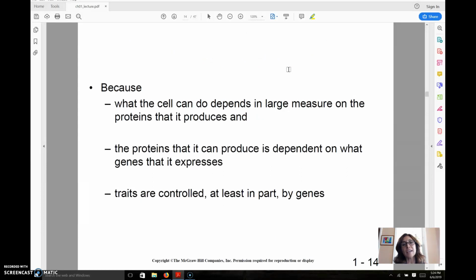So what a cell does depends on the proteins that it makes and what those proteins do. So as long as you have proteins being made by genes, and those genes are being expressed, the cell will do whatever those proteins are telling them to do, or whatever those proteins enable the cell to do. And so the traits that an organism has are literally controlled by the individual genes that an organism has.